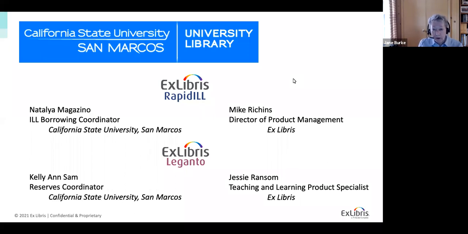Both of them are accompanied by people from Ex Libris who actually help shape these services. Mike Richins, who is the Director of Product Management for RapidILL, and Jesse Ransom, who is definitely our specialist around Leganto. And with that, I'm going to turn it over to Mike for a couple of brief introductions about RapidILL.